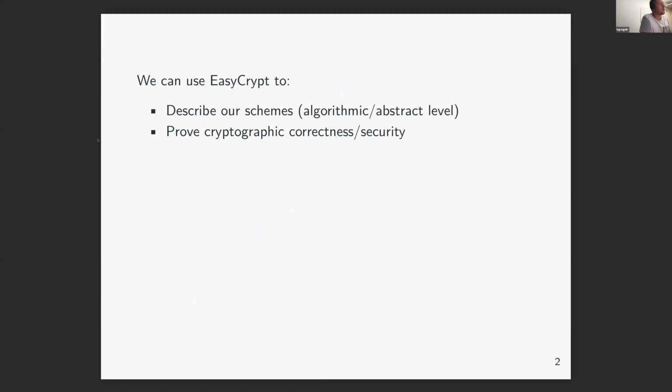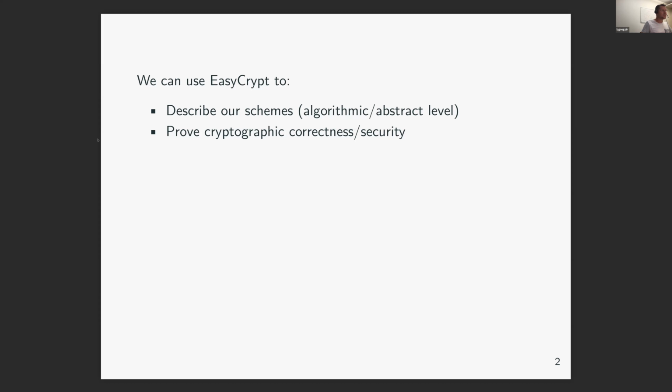Okay, so what we have seen in the first lecture is that we can use EasyCrypt to describe our cryptographic scheme, but this has been done really at the algorithmic level, at a completely abstract level. Once we have such a description, we can prove the cryptographic correctness and the cryptographic security.